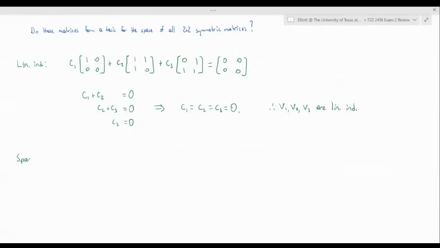So we want to see if any 2x2 symmetric matrix can be expressed as some linear combination of our given vectors, or matrices in this case.